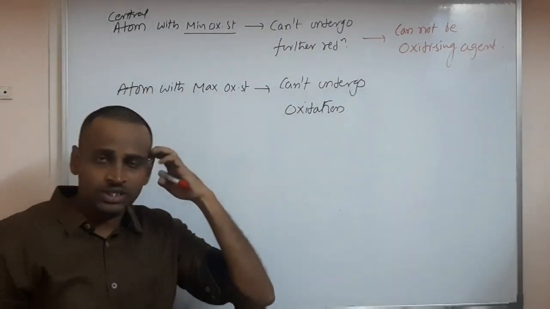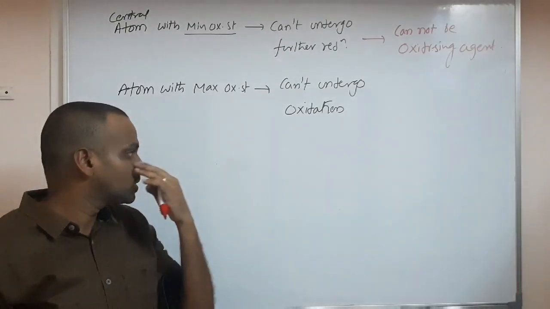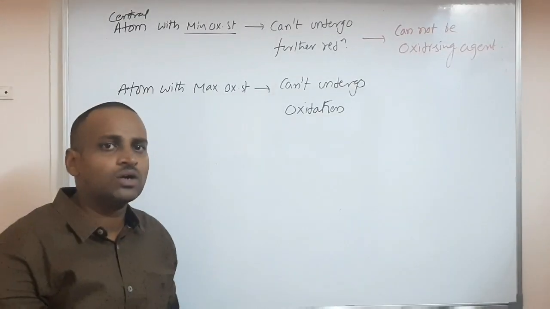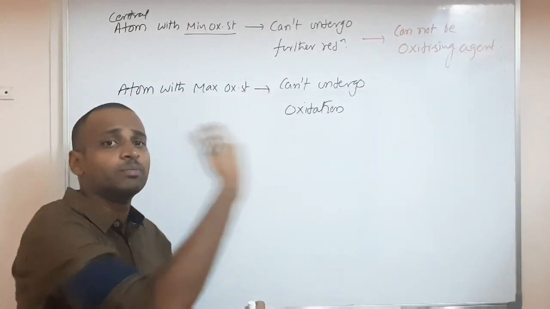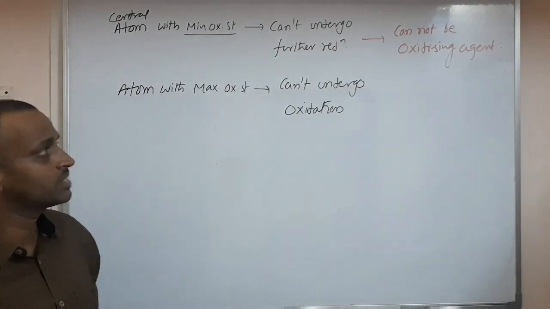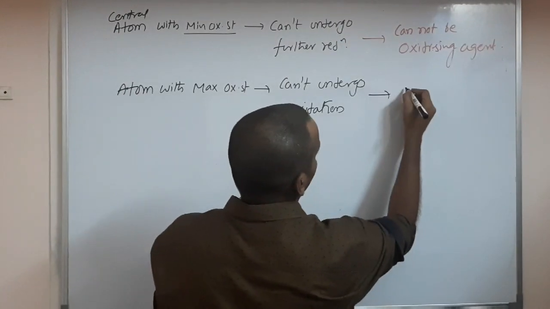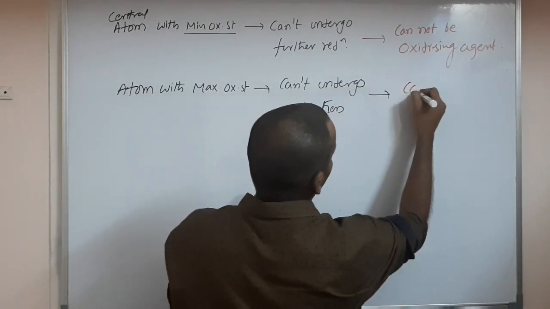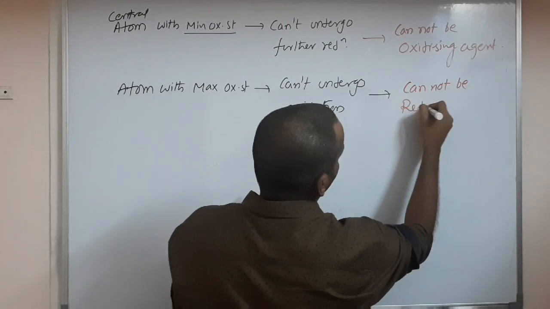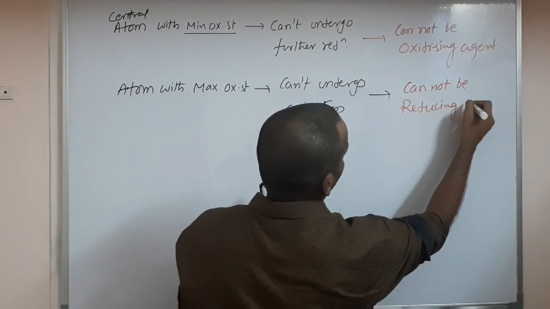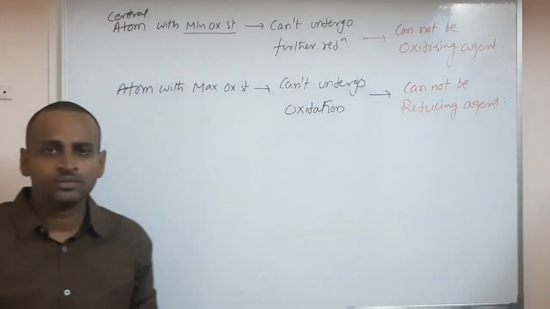Who has the maximum oxidation state is already at maximum, so why can it not undergo oxidation? During oxidation the oxidation state must increase, but it is already maximum. So it cannot undergo oxidation, therefore it cannot be a reducing agent.